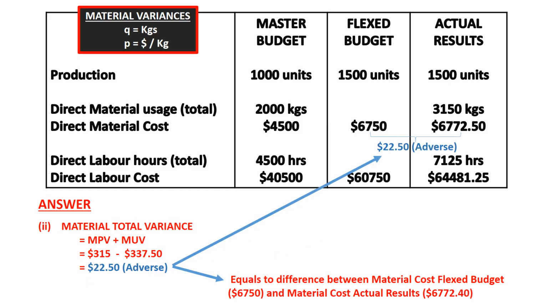You will observe that the answer for the material total variance, $22.50 adverse, is equal to the difference between the direct material cost of the flexed budget and the actual direct material cost.